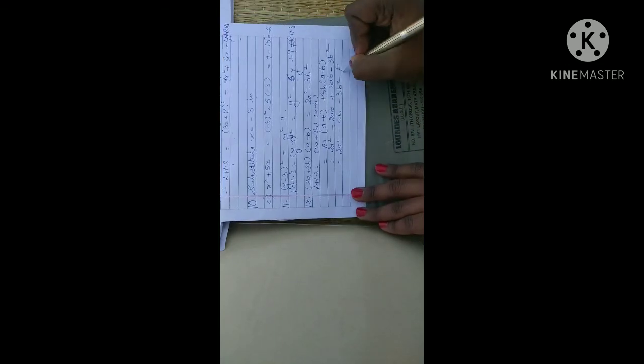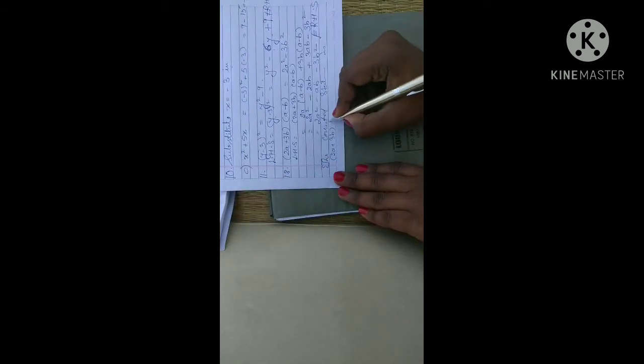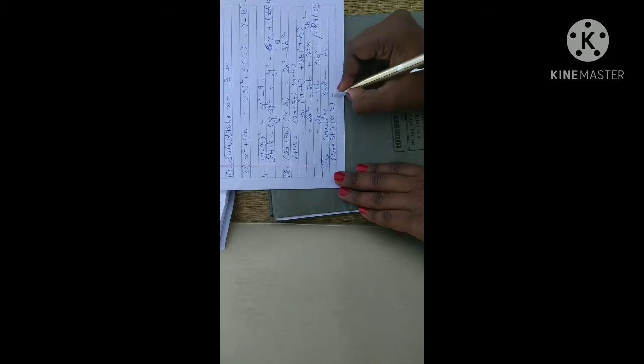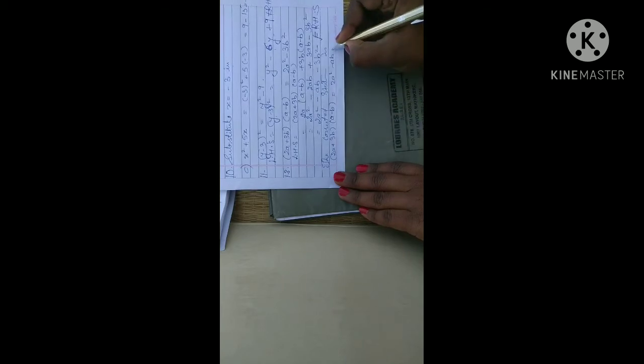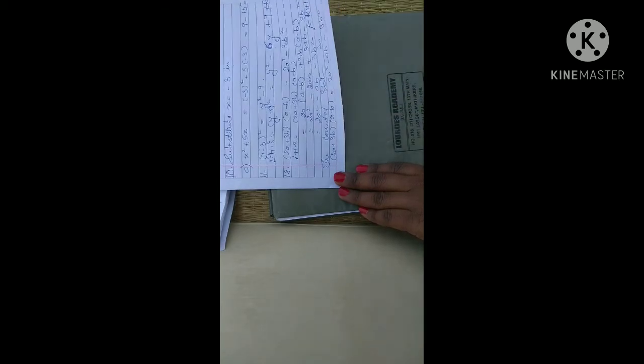So this is definitely not equal to RHS. So the corrected statement is (2a plus 3b)(a minus b) is equal to 2a square plus ab minus 3b square. Okay, this is the correct statement.